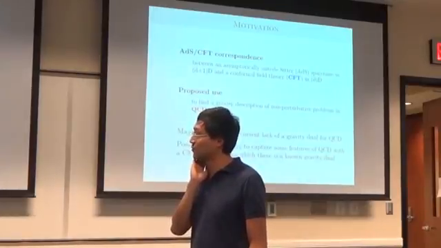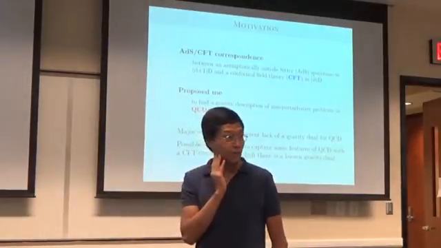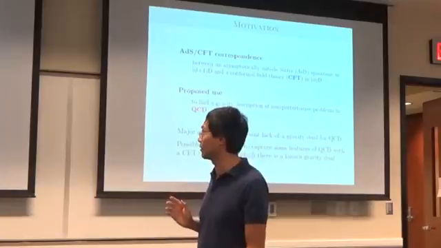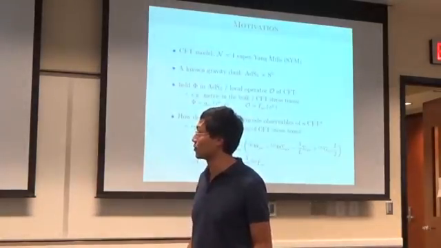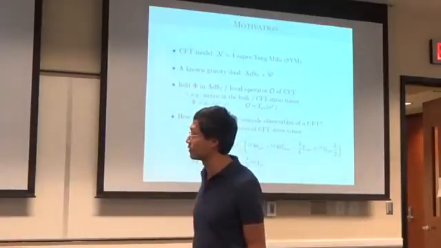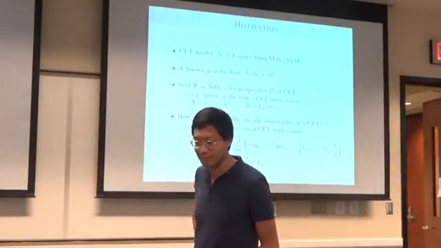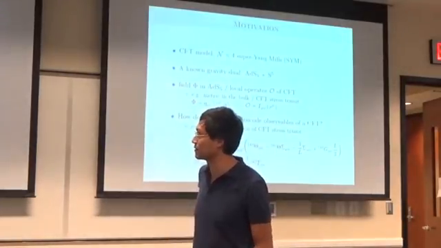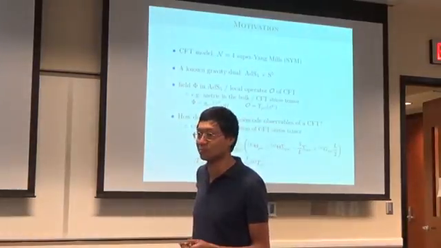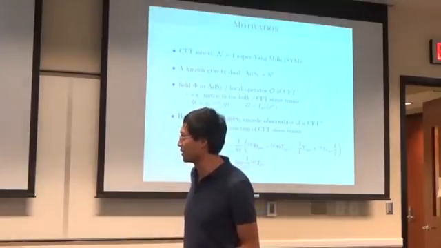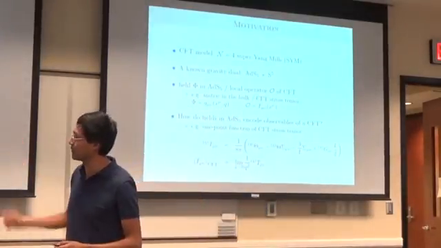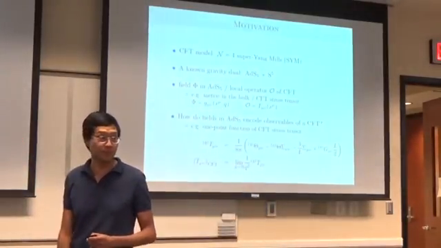And the toy model we'll be using is the same one we've been using so far, all through the discussions yesterday. It's N=4 super Yang-Mills, and here's the gravitational dual. And in fact, it's exactly this field theory that you learned many years ago, or this past weekend, depending on who you are. And so we'll be interested in observables of this conformal field theory.